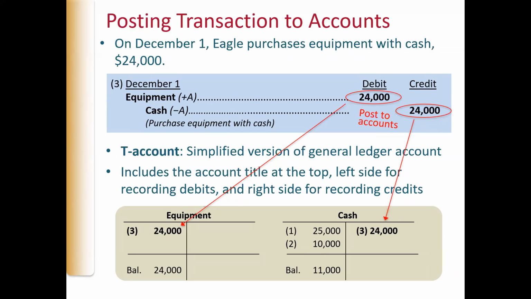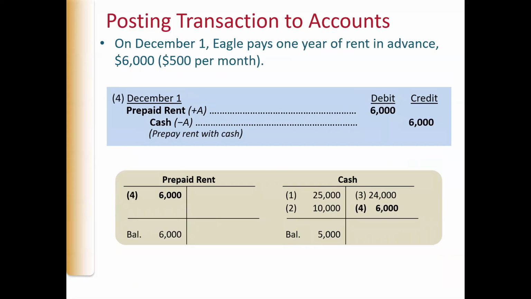Do you see equipment? The balance now is 24,000 debit. By crediting that cash, do you see how our cash balance is now 11,000? Tell me if I'm going too fast for you.